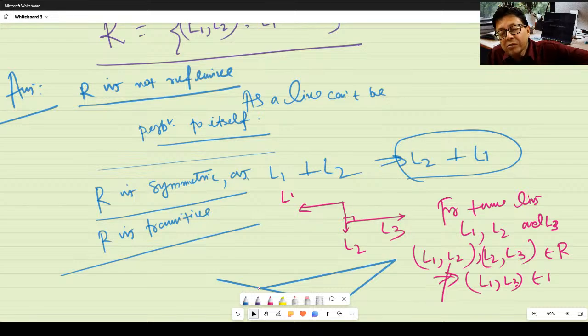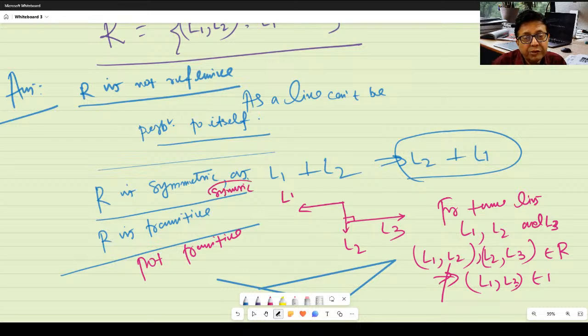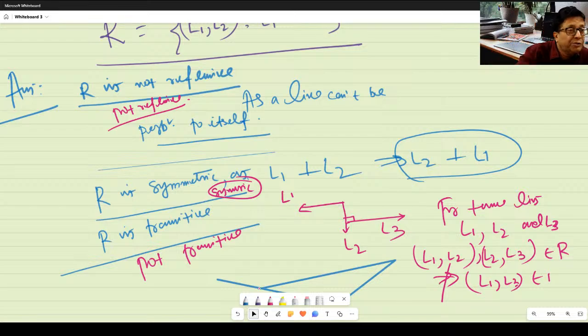But one thing I'd like to say, this is true for 2D. In 3D it might happen. These are actually lines in a plane, as I told you in the beginning. So the relation is not transitive, this one is symmetric, true, and not reflexive. So it is not reflexive and not transitive, but symmetricity is obeyed.